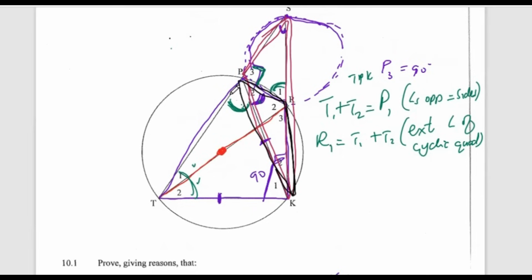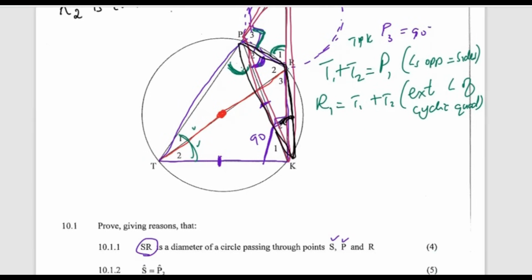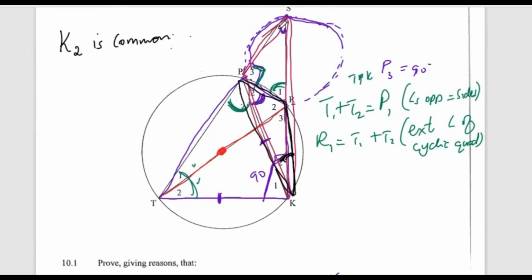So from the drawing, I'm going to say that K2 is common for both triangles, since both of them are sharing this K2. Then what we just proved was S is equal to P2.